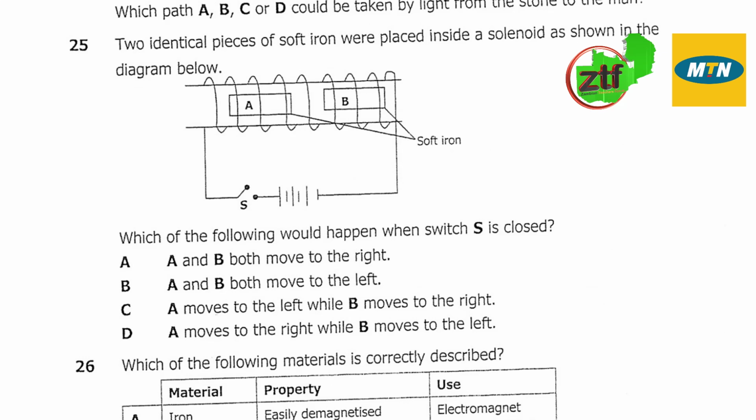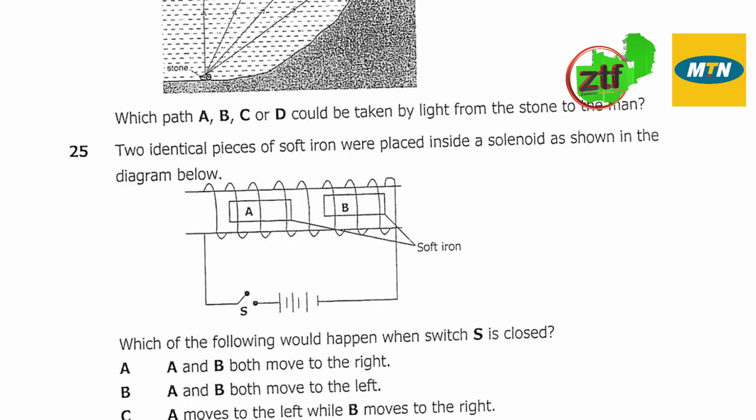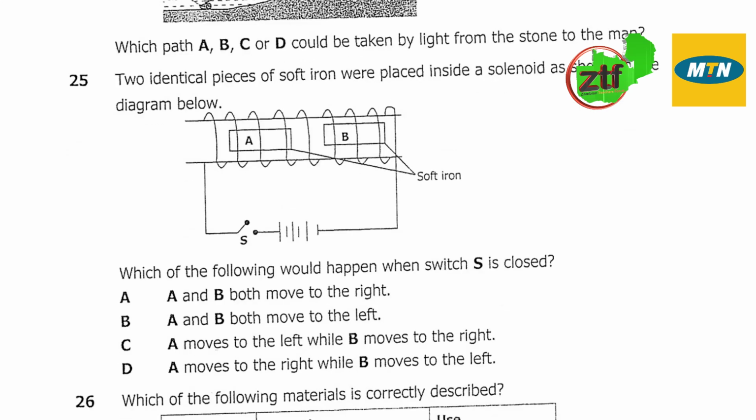Two identical pieces of soft iron were placed inside the solenoid as shown in the diagram below. Which of the following would happen when switch S is closed? We must understand that when we talk about solenoids and current flowing through them, we must first know the direction of the current, by noting that conventional current moves from positive to negative.